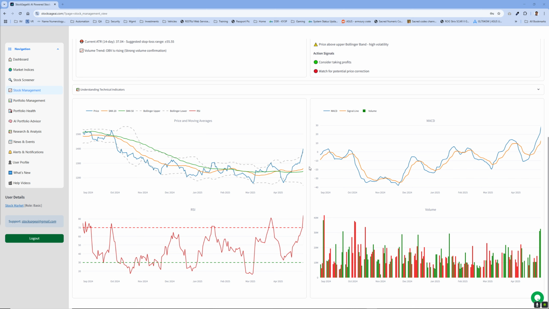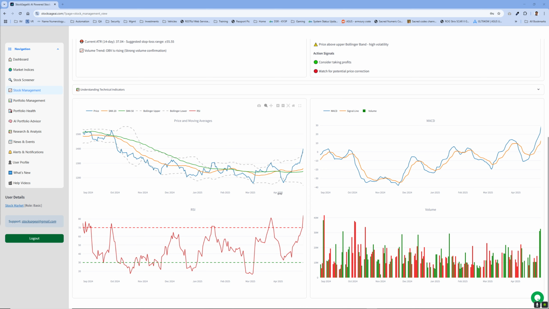First of all, let's talk about the price charts and time frames. What is a price chart? It's basically the stock price over a period of time. For example, in this case, you can see the stock price of Reliance from September 2024 to April 2025. The time frame selection is pretty crucial.